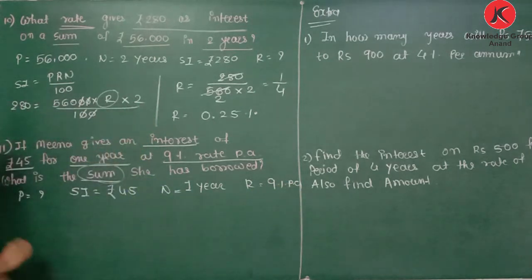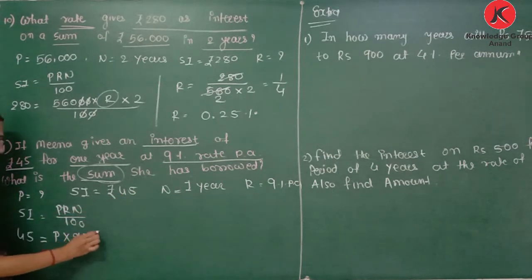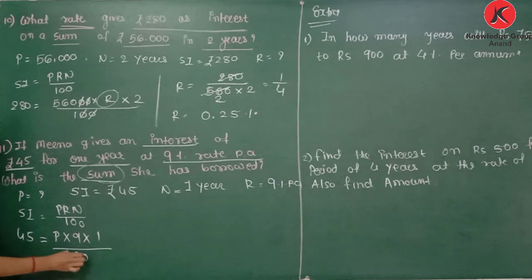So we use the same equation, simple interest is equal to PRN divided by 100. Simple interest is 45 given, P is not given, rate is given 9 and N is given 1 year, divided by 100.